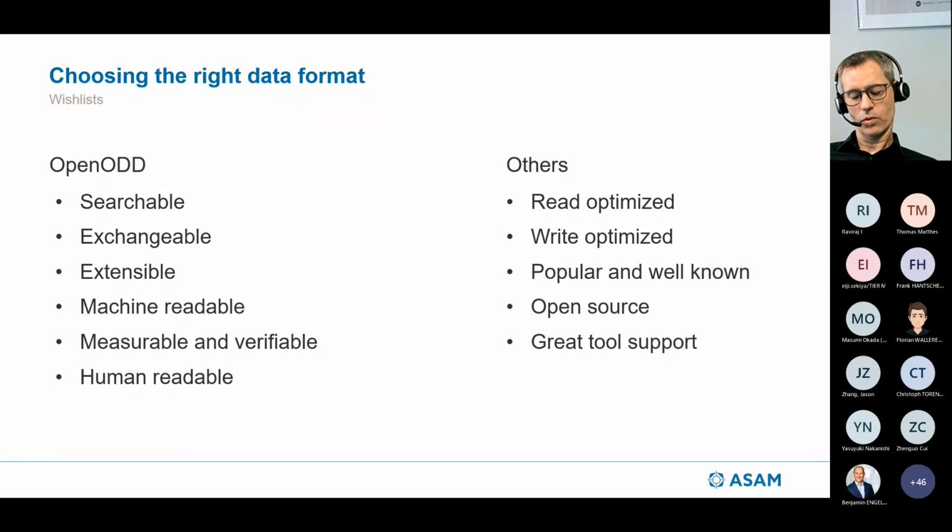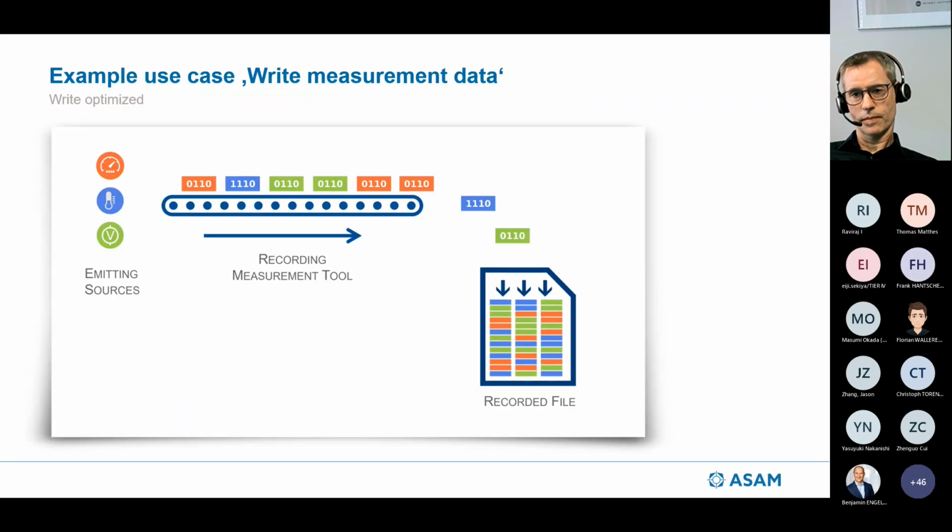So we see it's not really easy to get the right data format, and I will show you an example from measurement values that these requirements are sometimes contradictory. So let's go to a short example of measurement data, and this is something we evaluated during the big data concepts of Open Data Services.